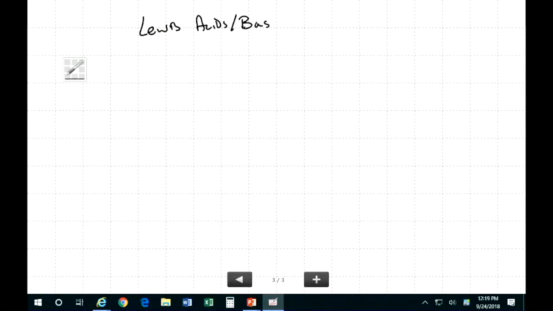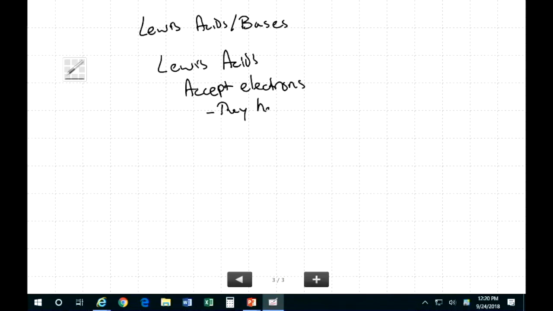Lewis acids and bases. Lewis acids, these will accept electrons. Right? They have an empty orbital.